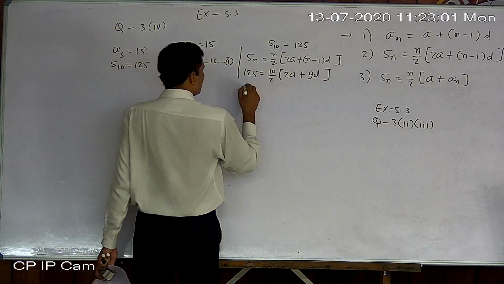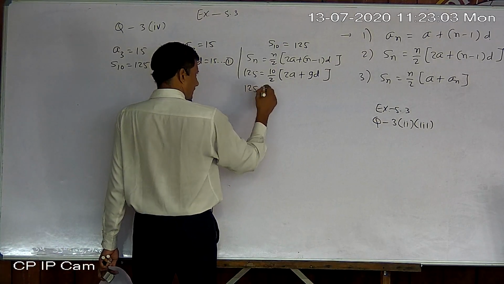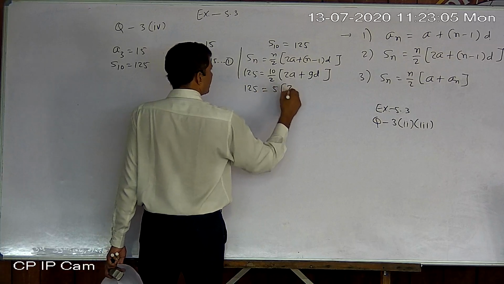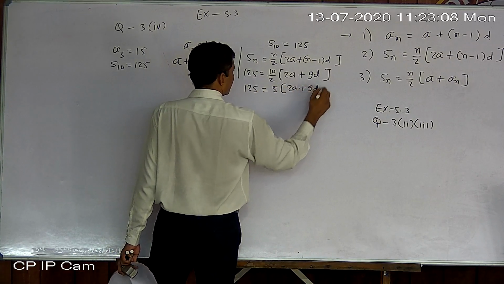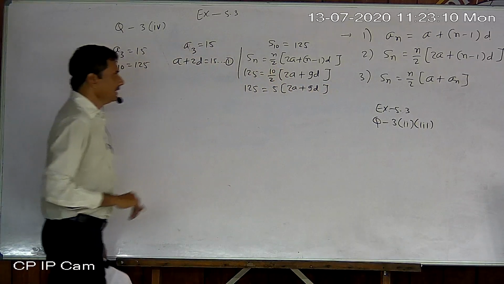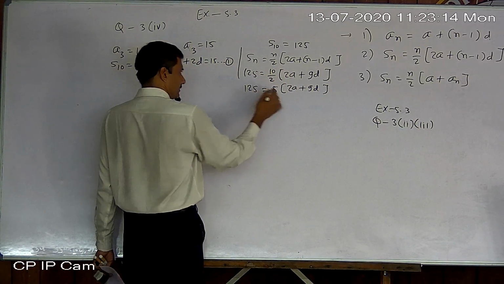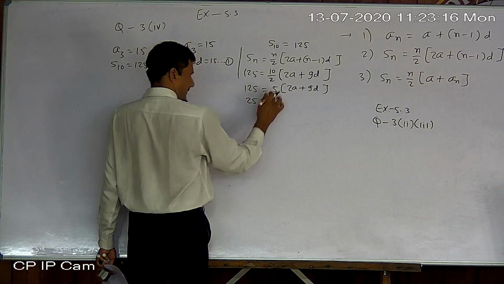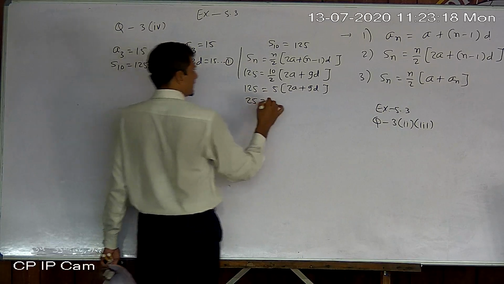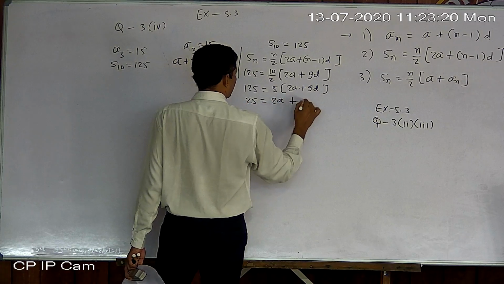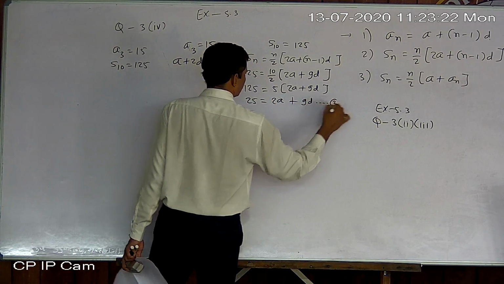Now 125 equals 5 times (2a plus 9d). Simplify it, divide by 5, so it will be 25 equals 2a plus 9d. This is our second equation.